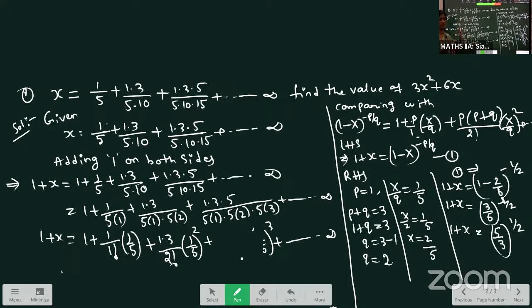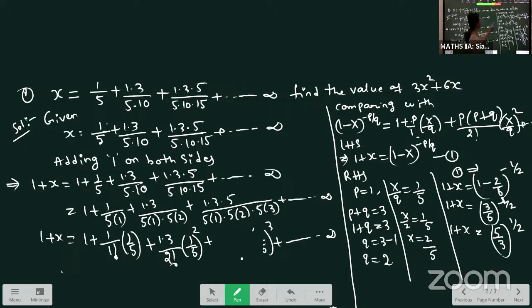Keeping these two things in mind, we have to follow the steps. Here it is starting with 1 by 5, so 1 is not there. First add 1 on both sides. Then every term in the denominator is a multiple of 5. By taking 5 as the factor, write 5 into 1, 5 into 2, 5 into 3, with 5 as the multiple. Then separate the factorial term and the constant term.